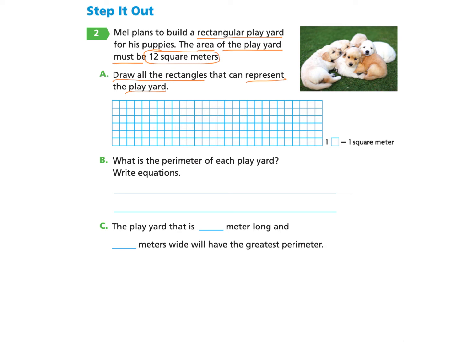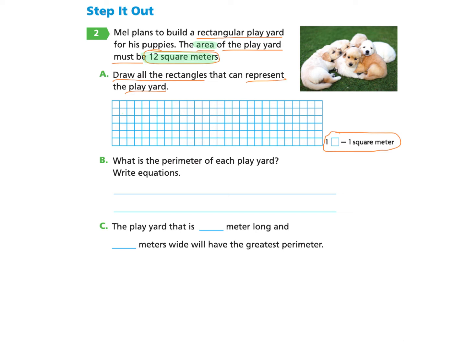So if you would like to pause and try this part on your own, you may do so. Just like before, 1 cube equals 1 square meter. As always, you are welcome to follow along with me. Okay, so I will start again by making the easiest one that I know how to find that area of 12 meters.